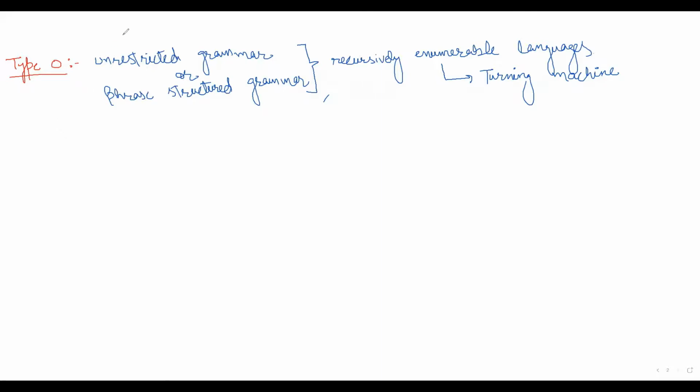So what type of production rules are in type 0 grammar? In type 0 grammar, the production rules are of this type. Alpha gives beta. Okay. Alpha gives beta, where this alpha belongs to (V plus T) star, V and (V plus T) star.